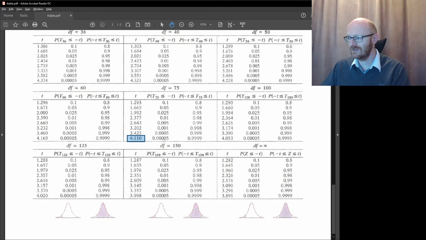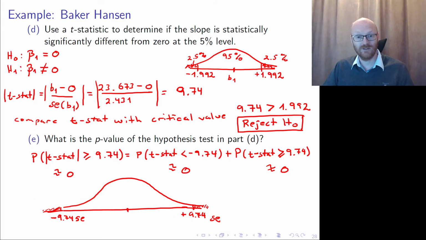It's 0.005%. And we found a result of 9.74 standard errors, which means that the probability of getting this result is highly unlikely.